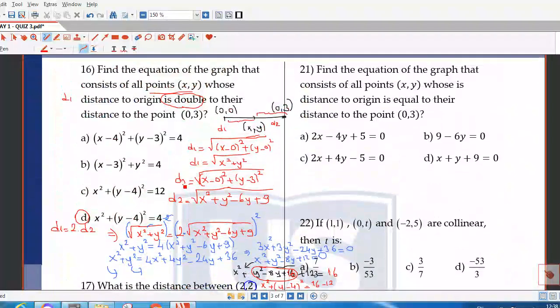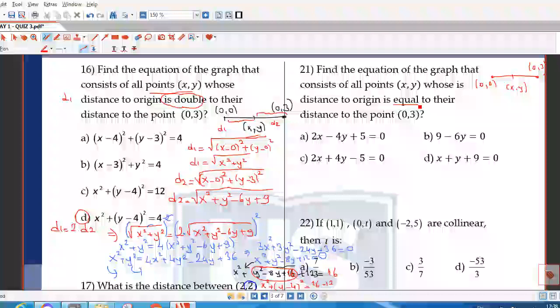Question 21 is similar to question 16. There is a point like x, y, maybe easier than the previous one, and we are talking about the origin 0, 0 and the point 0, 3. What is the relation between the distances? The distances are equal.